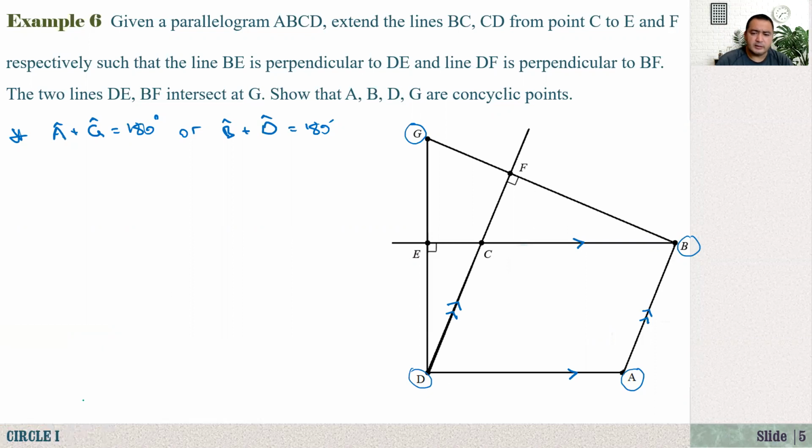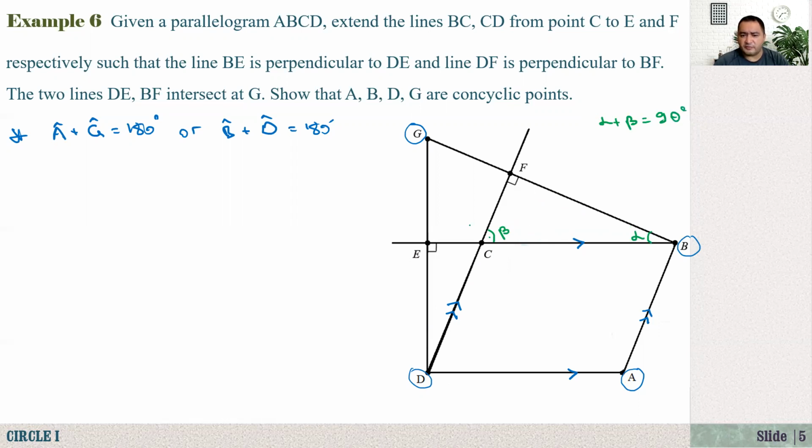As you see here, the triangle BFD and triangle DEB or triangle GEB are right angle triangles. If this angle is alpha, let's start with this, this one is alpha, and let's say this angle is beta. Since they are two acute angles of a right angle triangle, alpha plus beta is equal to 90 degrees.